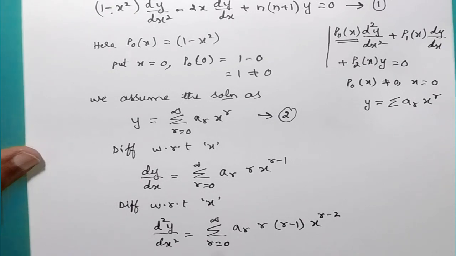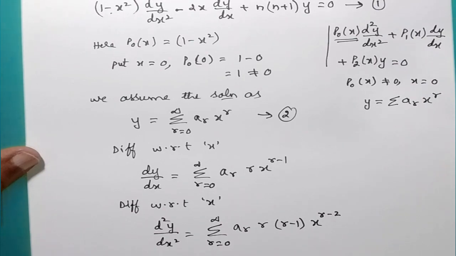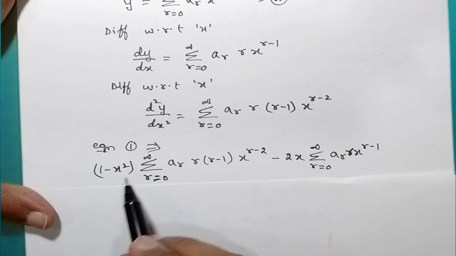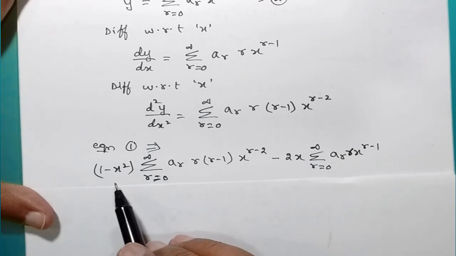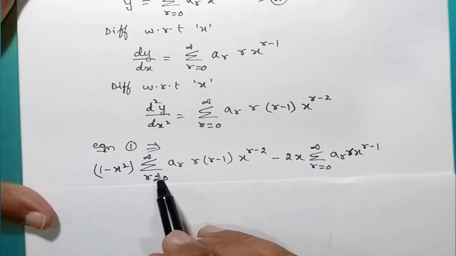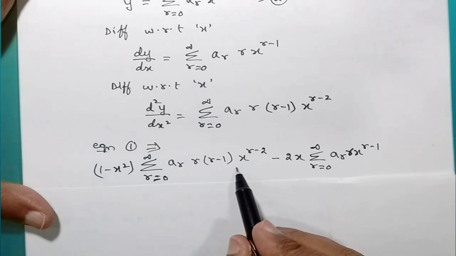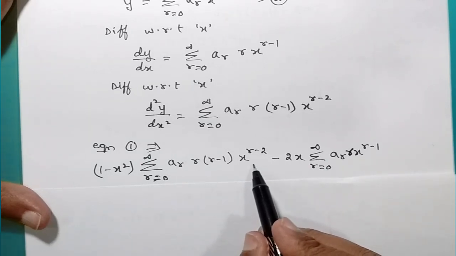Now we'll try to plug in this value of d square y by dx square, dy by dx and y back in equation number 1. So equation 1 implies (1 minus x square) summation r is equals to 0 to infinity ar into r minus 1 into x power of r minus 2.